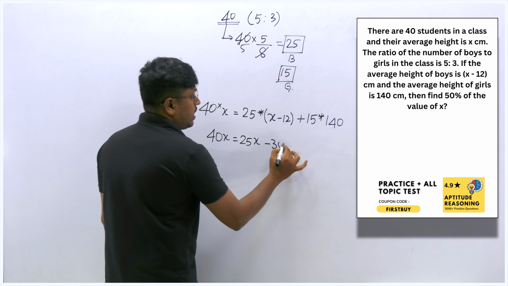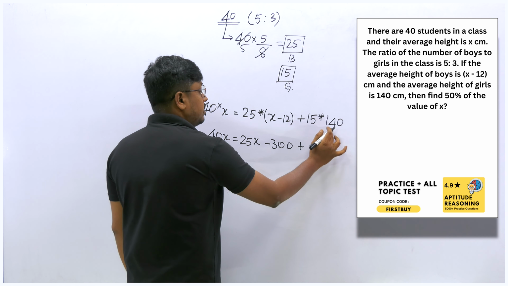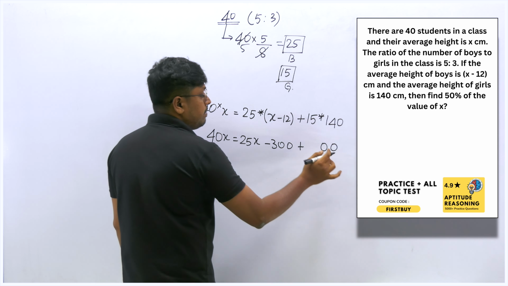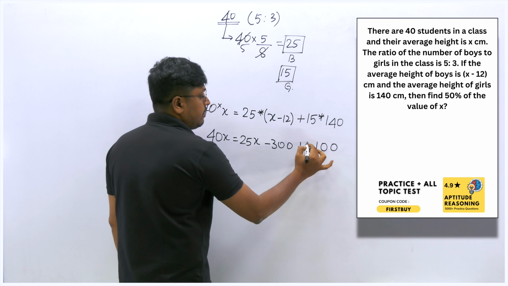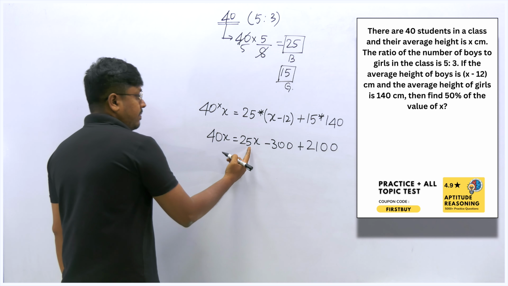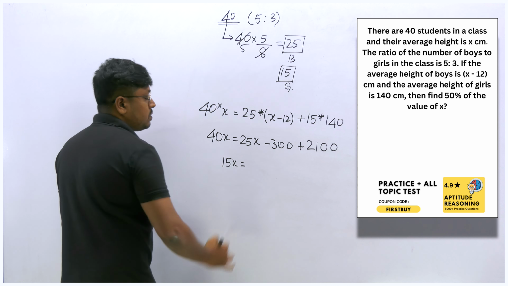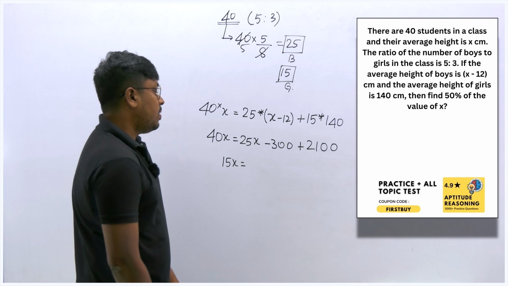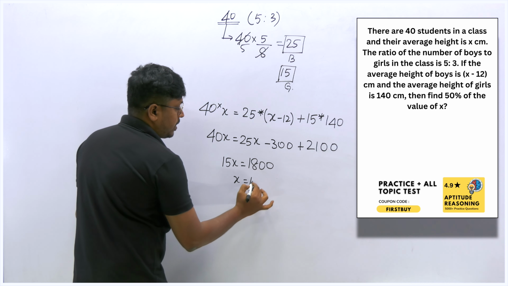So minus 300, plus 2100. When you bring this to the left hand side, it becomes 15x equals 1800. So x is equal to 120.